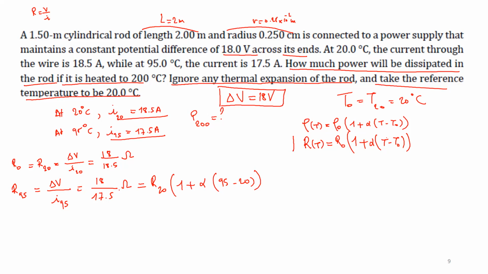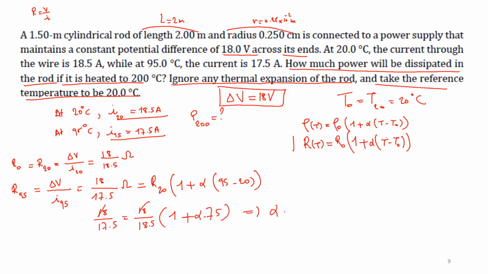Good. And so this will give me alpha. So I will have 18 divided by 17.5 ohm equal to R20, which is 18 divided by 18.5. Okay, 18 goes away. 1 plus alpha times 95 minus 20, which is equal to 75.